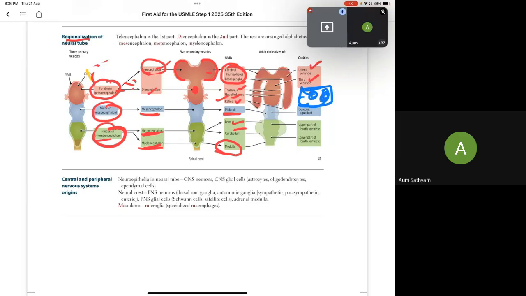So we have neuroepithelium in the neural tube, which is going to give rise to CNS neurons, ganglia, and the supporting cells, if you remember: the astrocytes, oligodendrocytes, and ependymal cells. Astrocytes are basically like a star kind of cell, right? That's why they are called astrocytes. They play a really important role in formation of your blood-brain barrier.